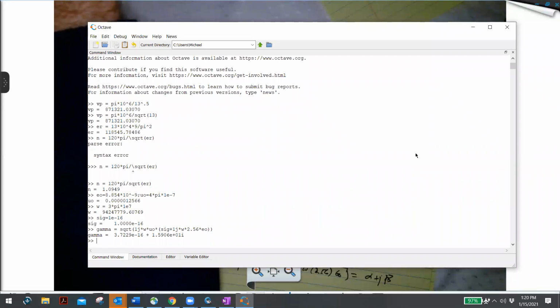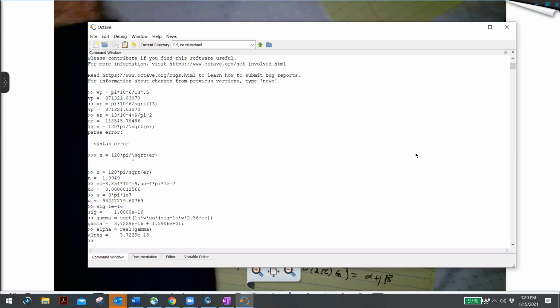Now, once I have that, that means alpha is what? Alpha is equal to the real part of gamma. I'm not sure if it's just real or what the command is here. Let me see if that's it. Yeah, it is. And then beta is equal to the imaginary part of gamma.